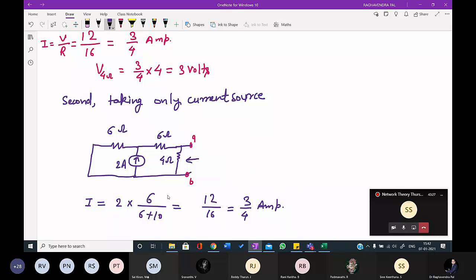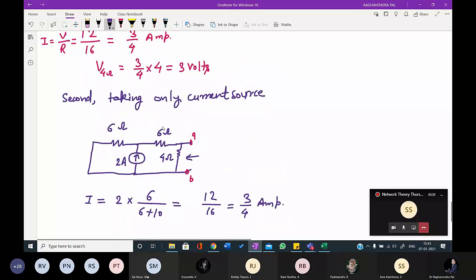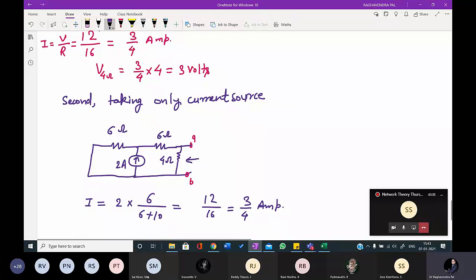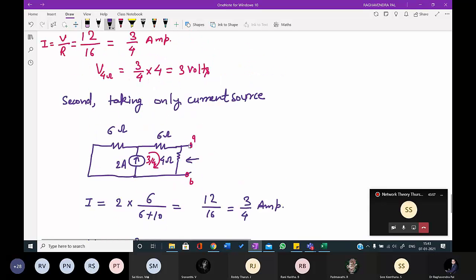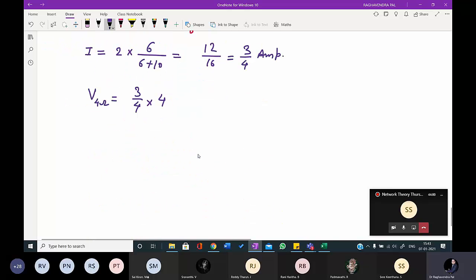Okay. Now we know that the current passing through this one is 3/4 ampere. So how to calculate V? V across 4 ohm is equal to 3/4 multiplied by 4, which is equal to 3 volts.